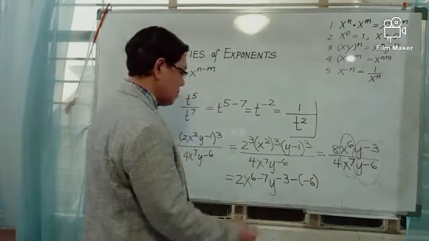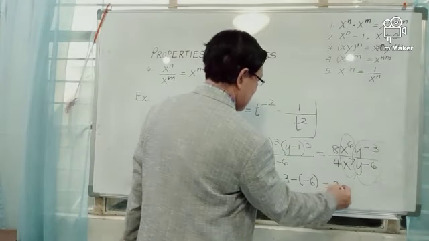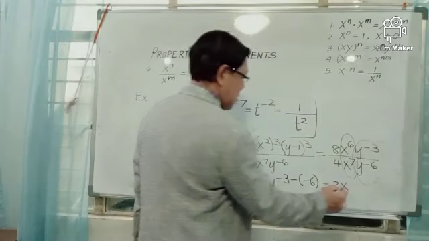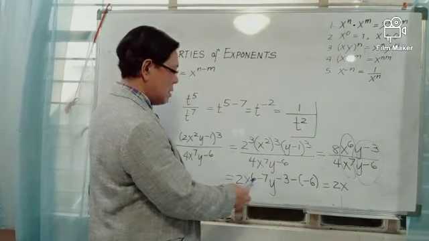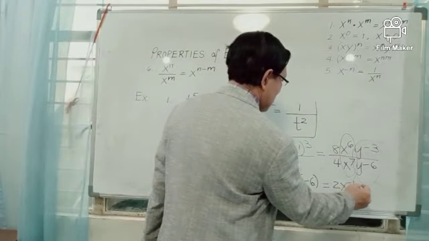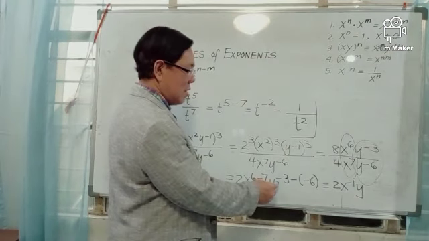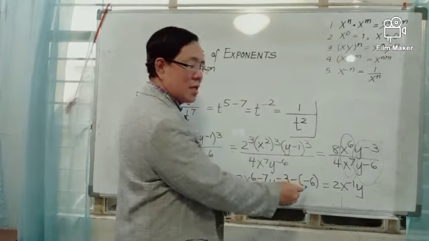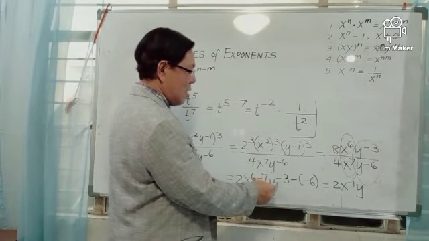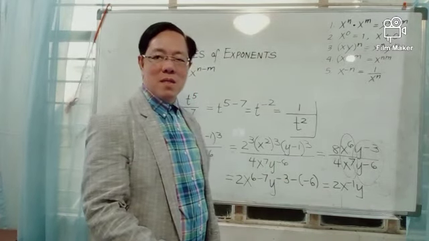And simplify, we get 2 multiplied by x raised to 6 minus 7, which is negative 1, multiplied by y raised to negative 3. Negative times negative is positive 6. So the exponent is negative 3 plus 6, or positive 3.